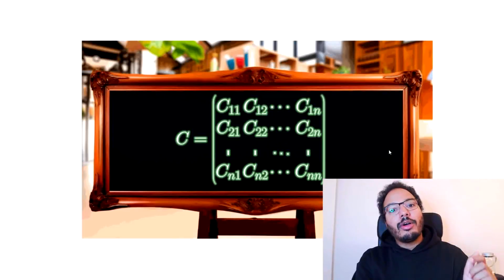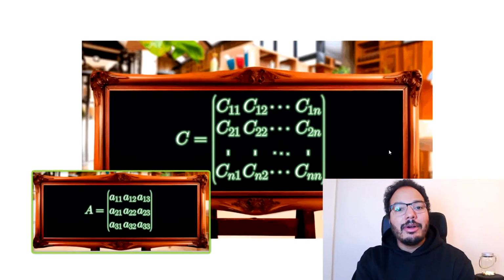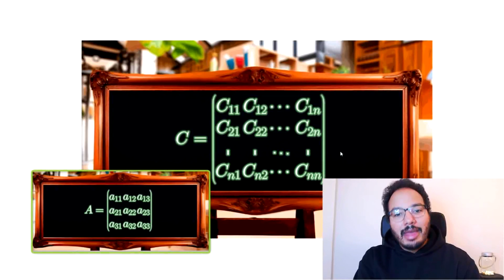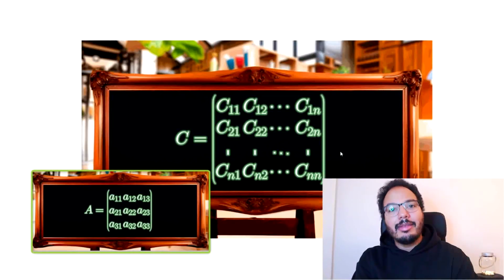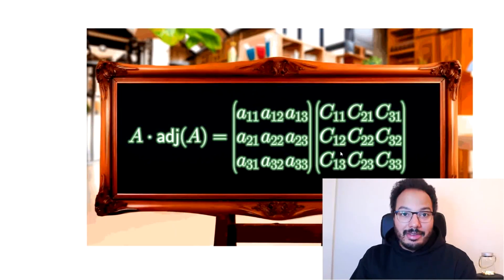We can put all of these cofactors into a matrix, the so-called cofactor matrix, as such, using the same logic as with the standard matrix, and can then do some interesting calculations when we have A and C, the cofactor matrix. We can then multiply these matrices.